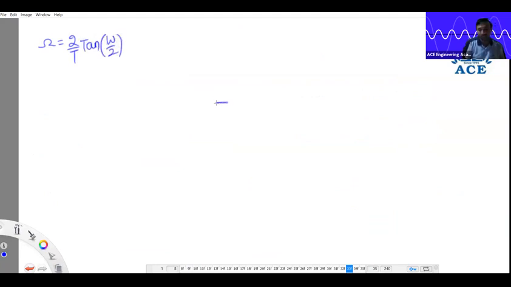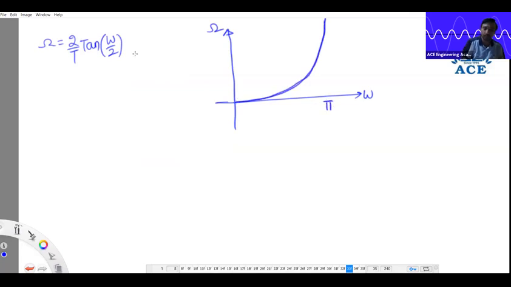How to understand the warping effect: the tan curve is roughly like this. Suppose I have taken the highest digital frequency omega as pi, tan pi by 2 becomes infinity, or not, sir? In the impulse invariant technique, we mentioned that we try to maintain equal strip width.